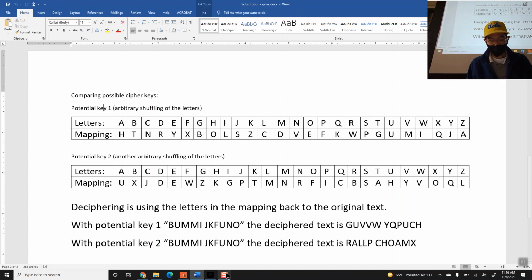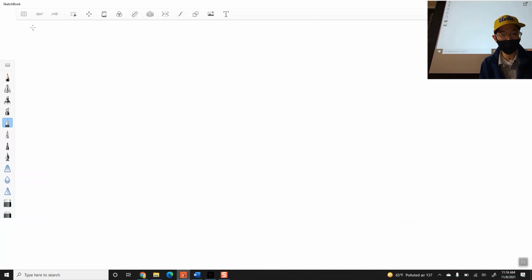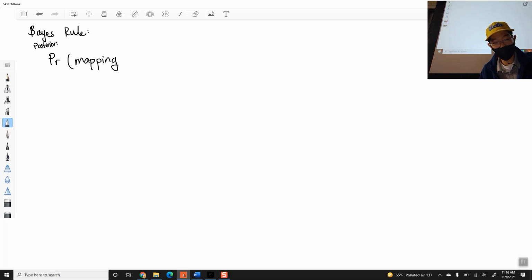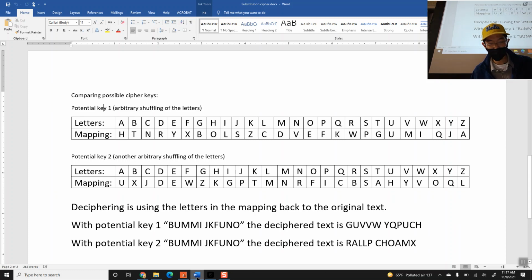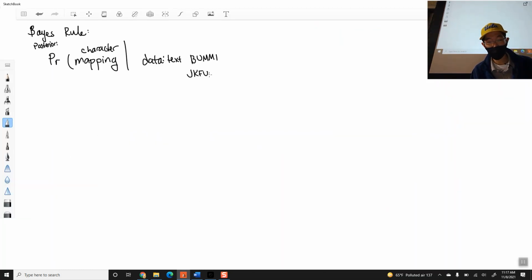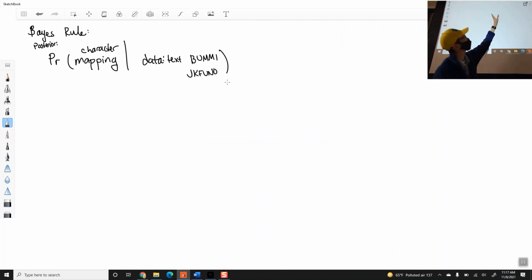Okay. So what we're going to do is just apply Bayes' rule. What we want to figure out is our posterior, which is the probability of a particular character mapping given our data, which is this text message, JKFUNO.